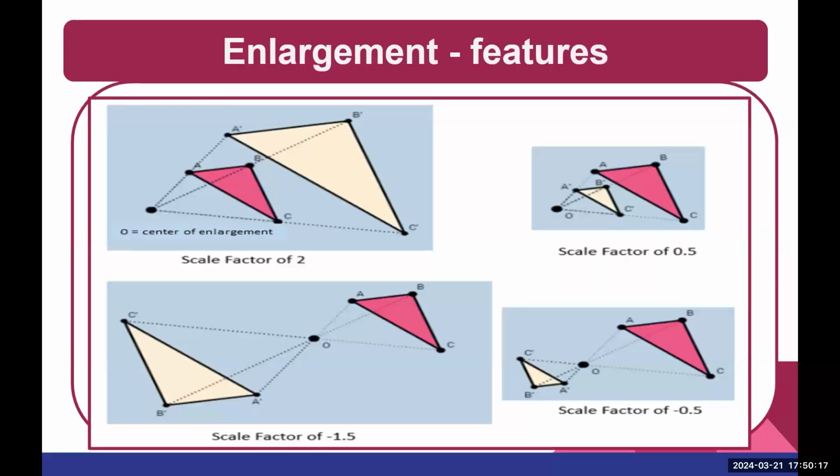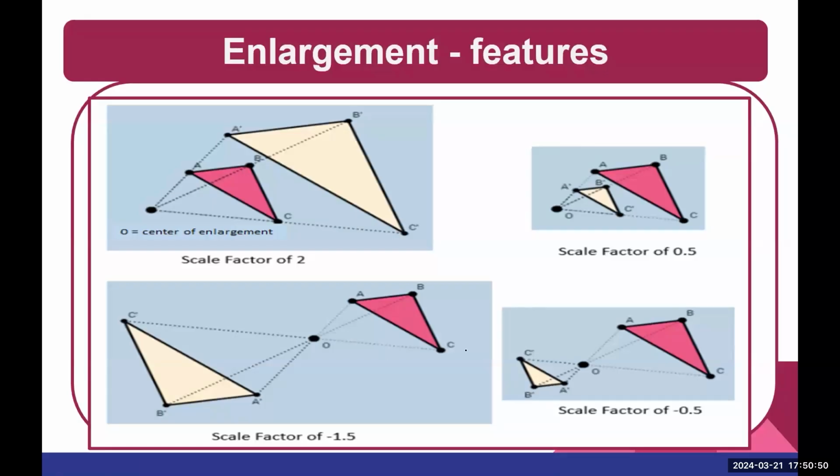Let's look at some features of enlargement. O is the center of enlargement, or the origin, as they stated to us. If it has a scale factor greater than 1, what would happen? It will be bigger, sir. So we will get a larger image. Let me put some jotting on this.